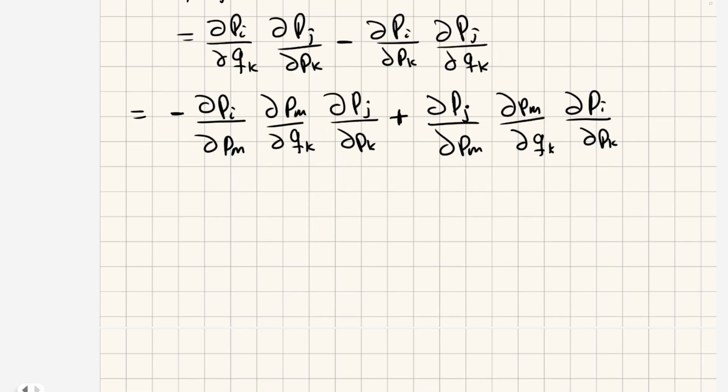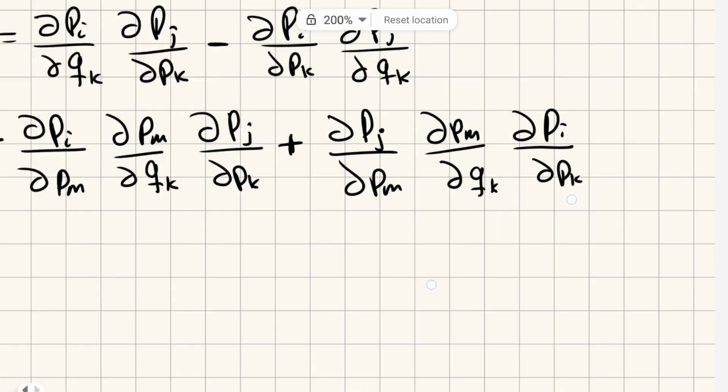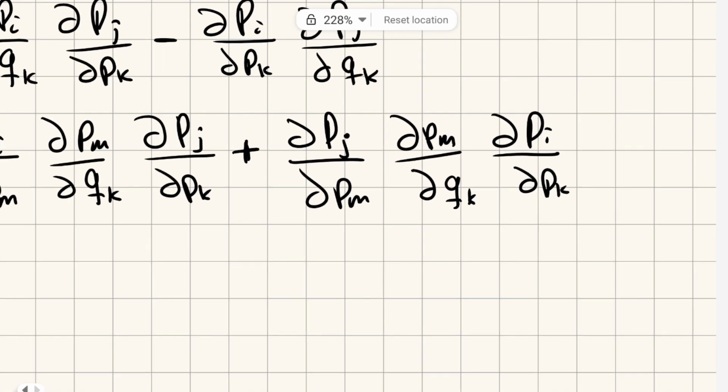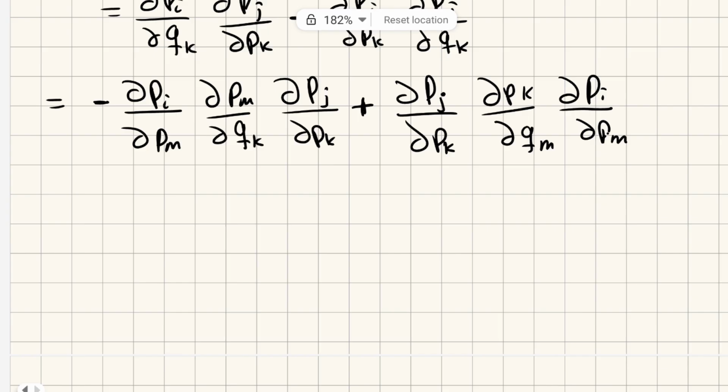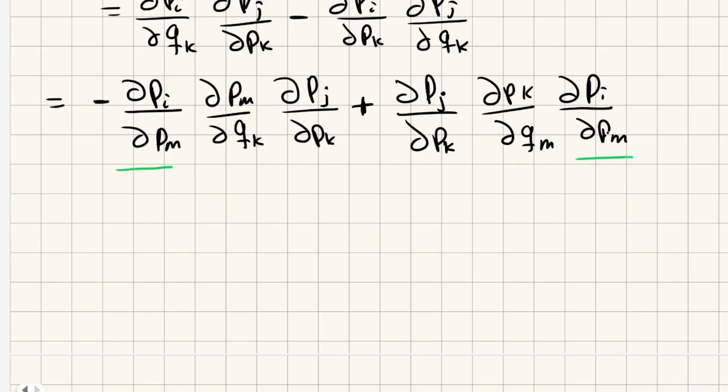Okay, perfect. And here, for convenience, we are going to switch the indices. I mean that this m will become a k, this also, and this k will become an m. This is just to be able to have two common factors. You can see here that we have the derivative of Pi with respect to pm and the derivative of Pj with respect to pk here and here, right?